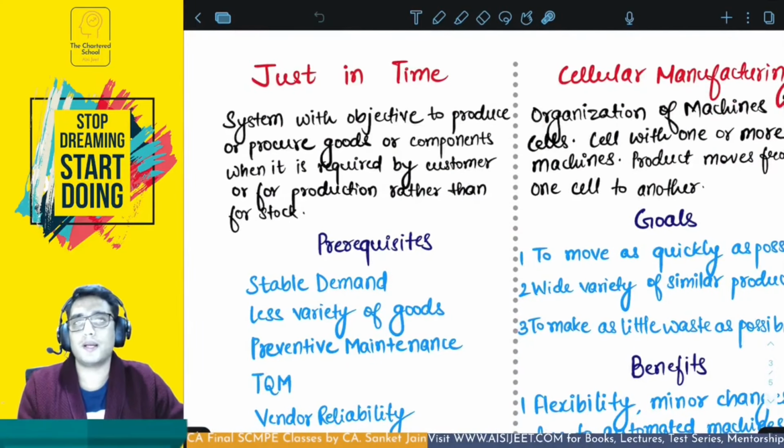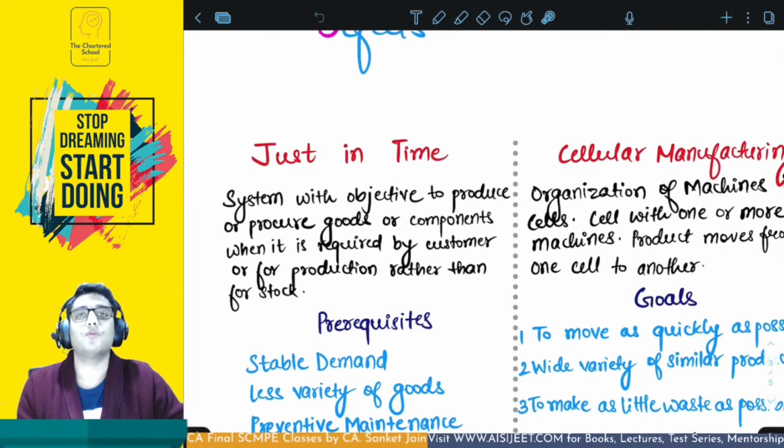Now we know just in time mostly as an inventory management method, right? Where we are trying to produce or procure as much as what we require and not more than that. But JIT is a little more than that. What JIT is focusing upon is that you need to have a streamlined process. A streamlined process would mean that your operations are happening as quickly as possible so that you can deliver to your customer the product on the time on which you had committed to deliver it.